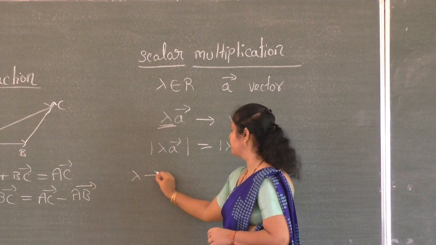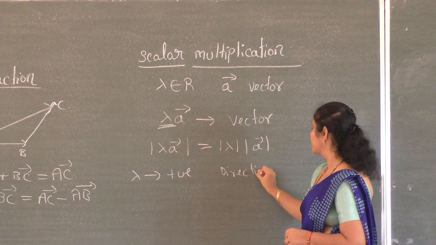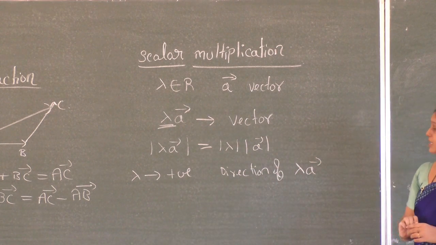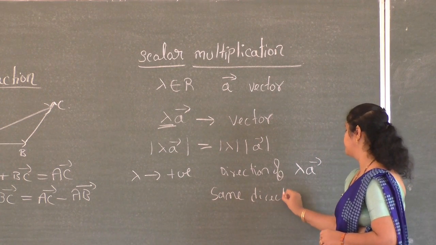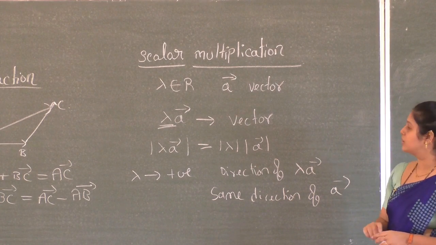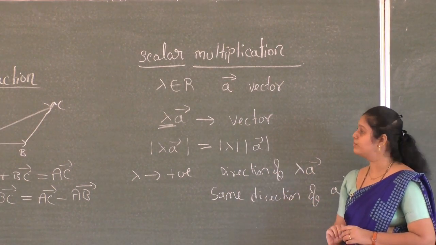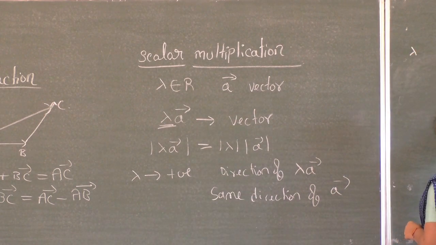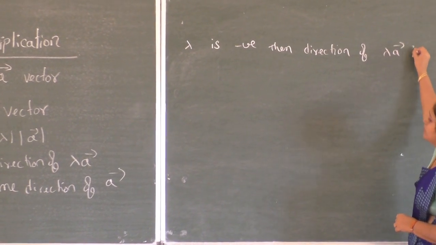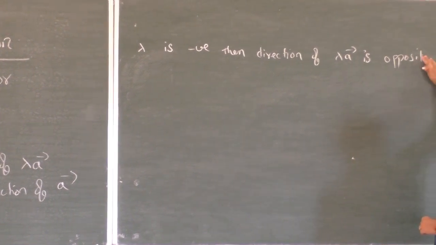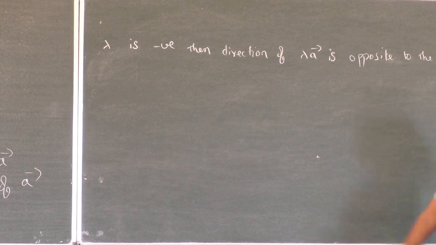If lambda is positive, then the direction of lambda into vector A is the same direction as that of vector A. So lambda into vector A has the same direction as that of vector A. Now, if lambda is negative, then the direction of lambda into vector A is opposite to the direction of vector A.